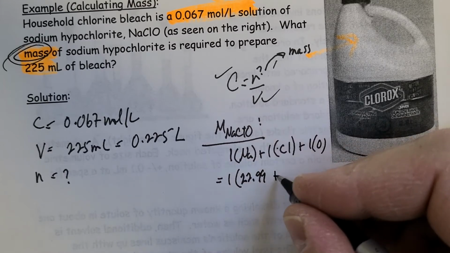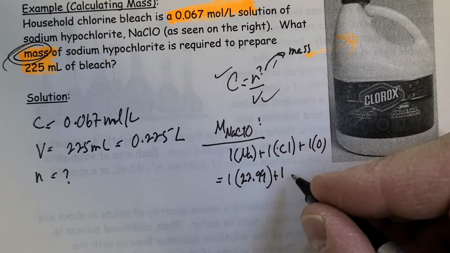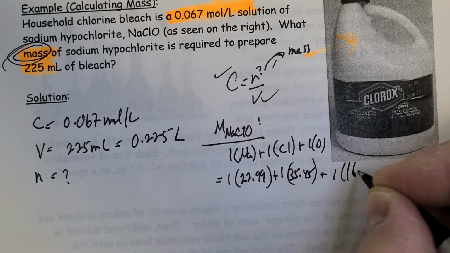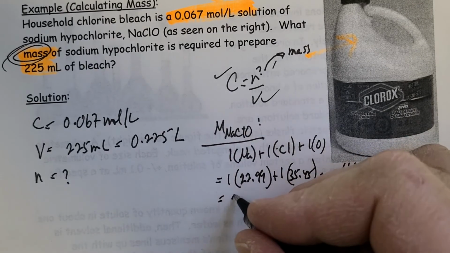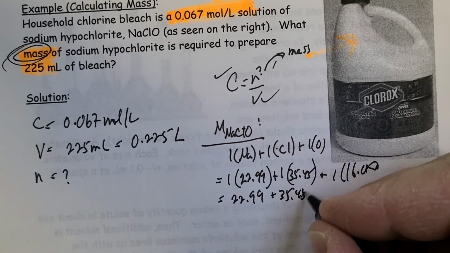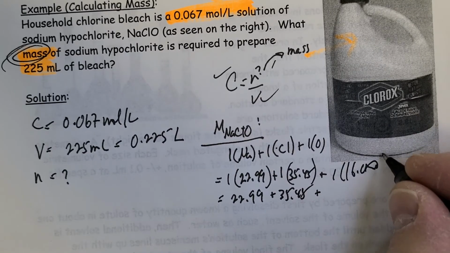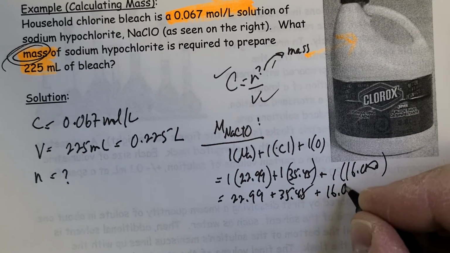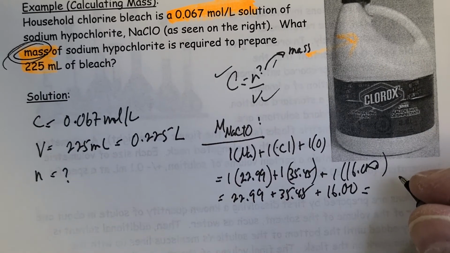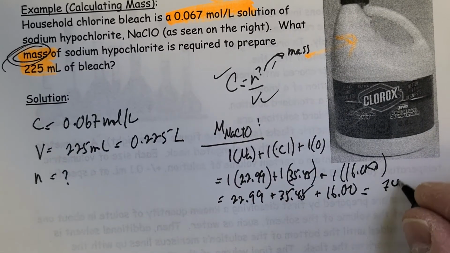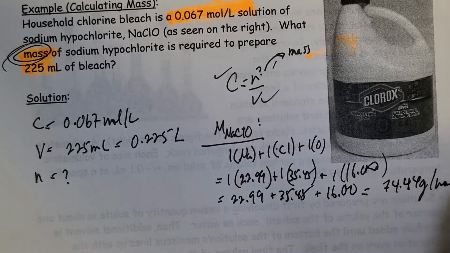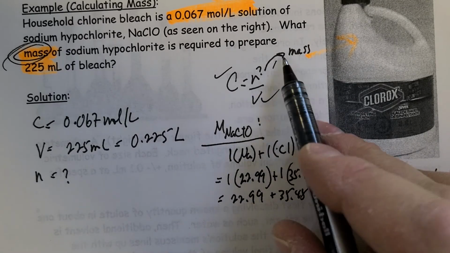So 22.99, 1 multiplied by 35.45, and then 1 times 16. So the molar mass here works out to be 74.44 grams per mole. So when I get to this last step, I know what I'll have to do.